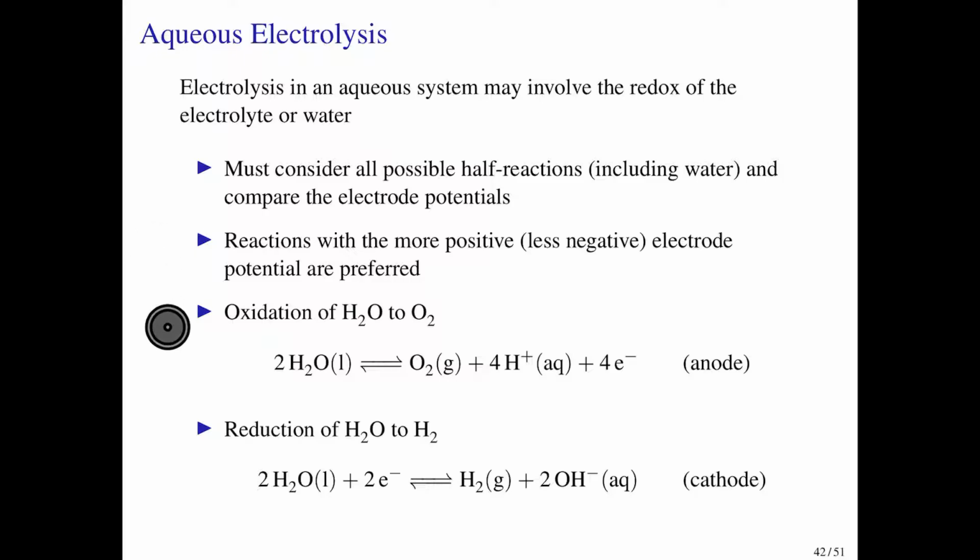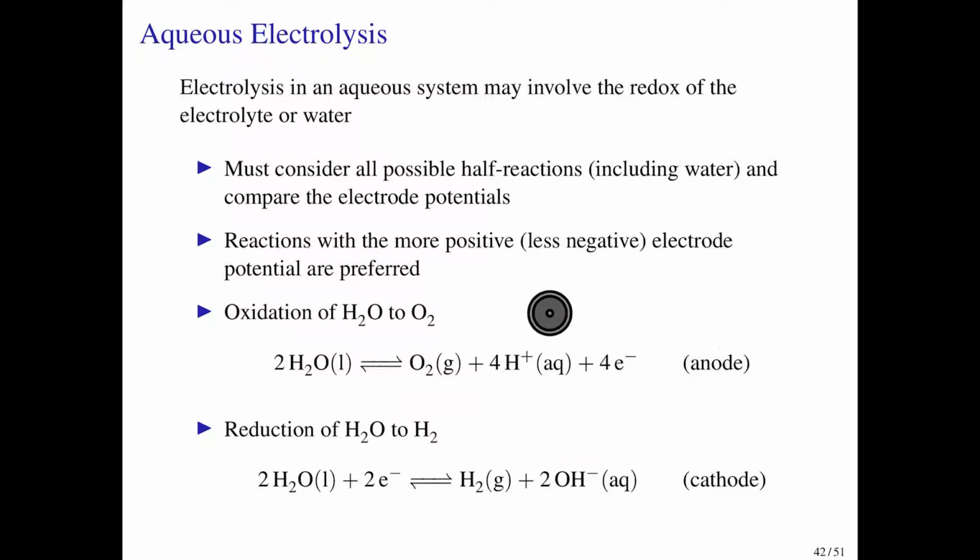I'm going to show you how to use that rule in some of the upcoming examples. First, I wanted to go over the possible oxidation and reduction of water. In an aqueous solution, if you dip two electrodes into it and zap it with electricity, it is possible that the water could be oxidized from water to oxygen. Here the oxidation number of oxygen in the water is -2, and here it's 0, so this is the oxidation of water to oxygen.